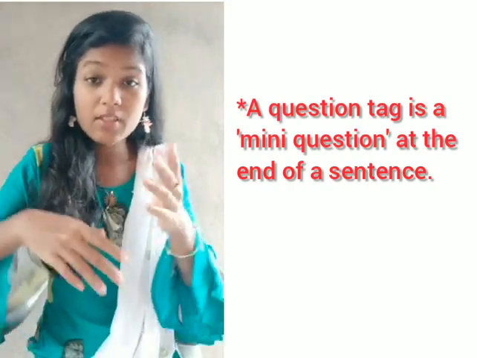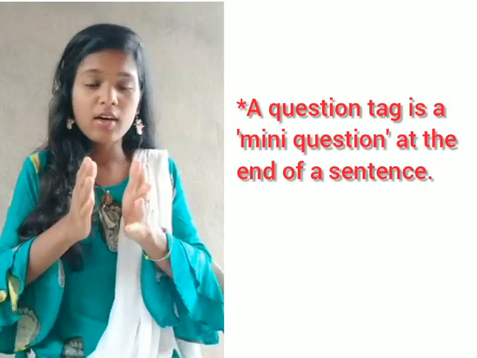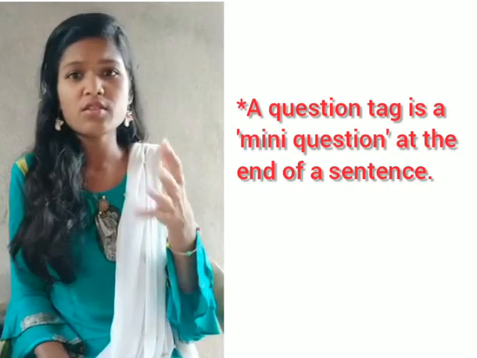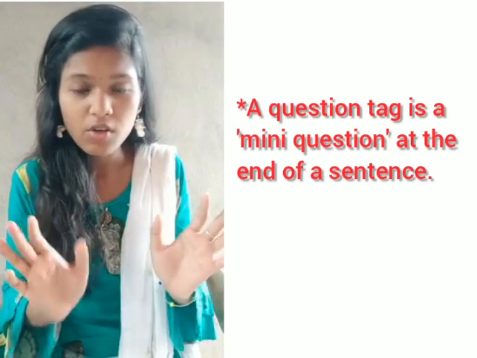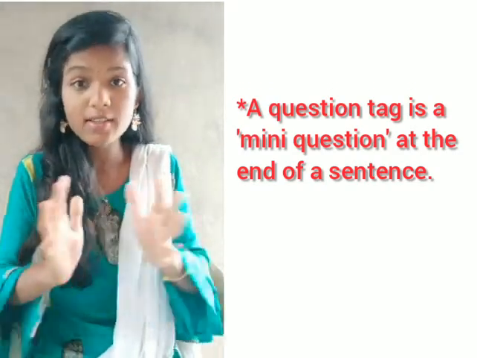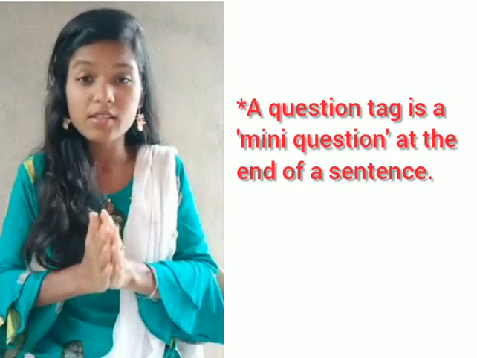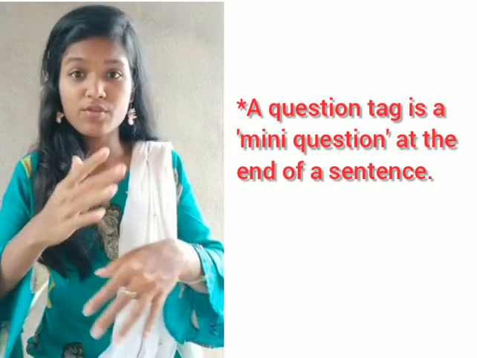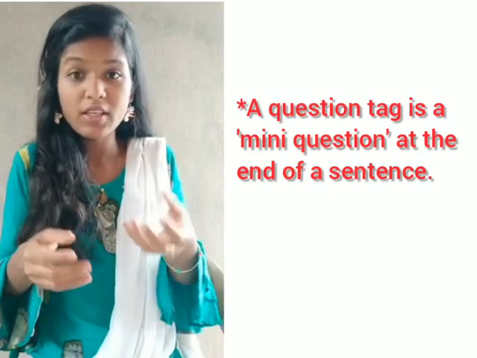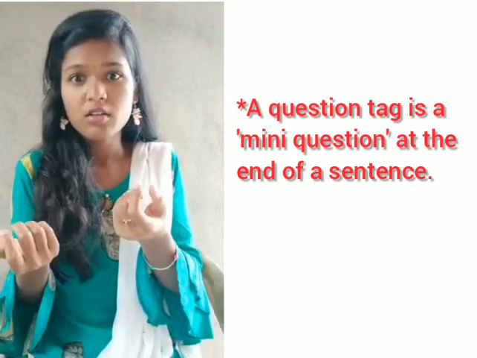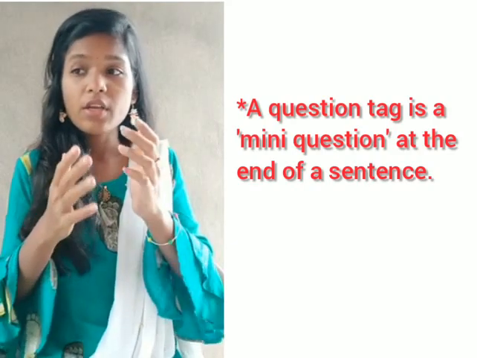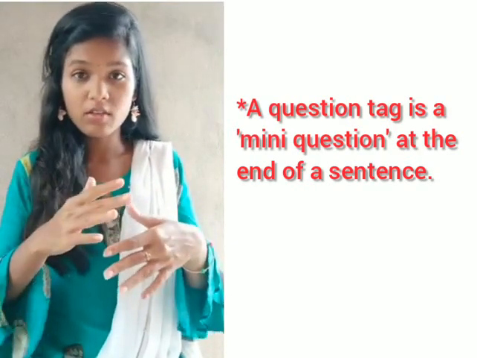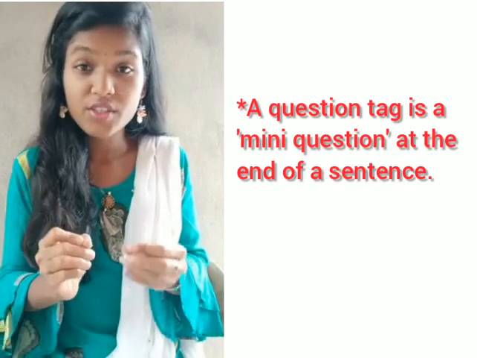After that, what I used? ना. In English, you can't say that today is so hot, na. You can't say like this. So in English, there is something through which we can speak, because we cannot use na, ha, nahi. That is your question tag.